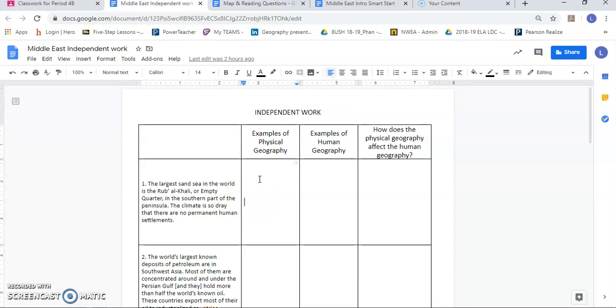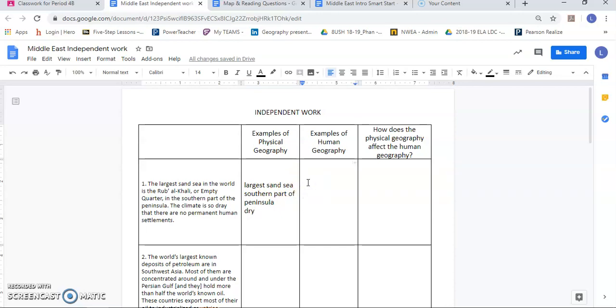All right, so if you're following along, largest sand sea. It's located in the southern part of the peninsula. Dry. And it's dry, right?